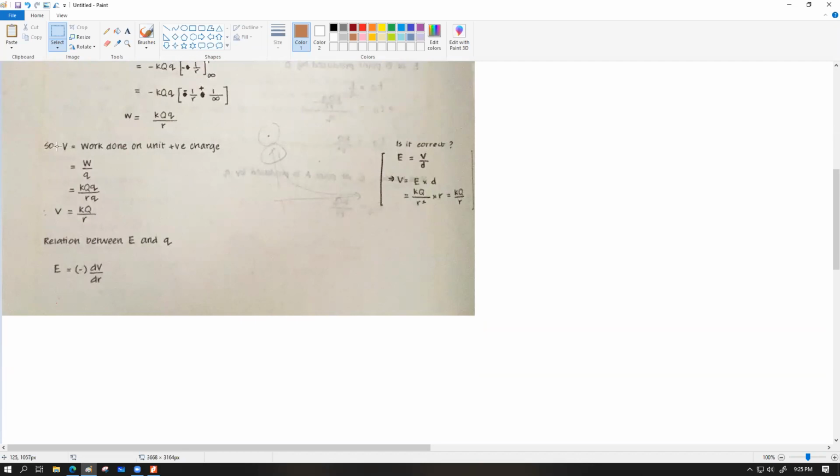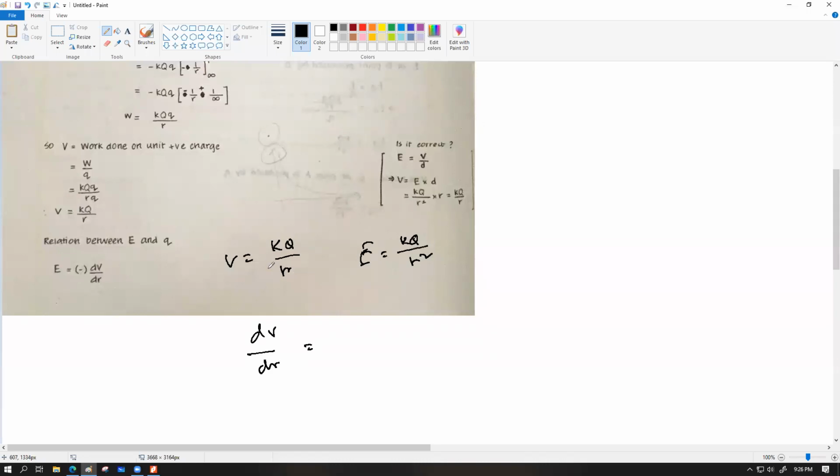V equals KQ by R. If I do dV by dr, if I differentiate this equation with respect to R, what am I going to get?